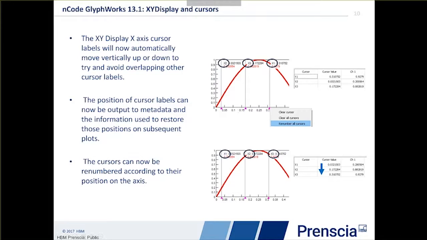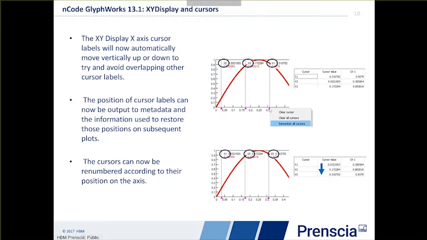And this order may be independent of the x-axis. So in this case, if you ask for the table of cursors, you'll see that the first cursor is at a higher position than the second and the third one. So there's no chronology, if you like, in the cursor numbering.